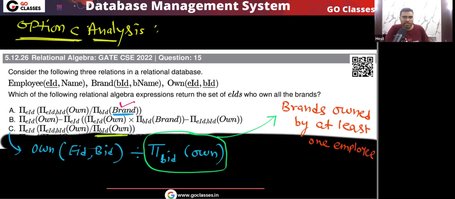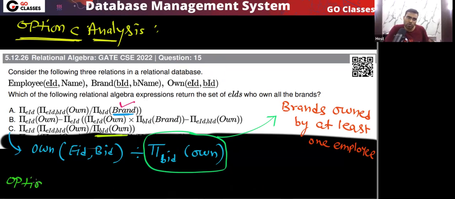You are not selecting all brands. You are selecting brands which are owned by at least one employee, because you are selecting the BID from the on table. Okay, so now if you do this, then option C, what will this give you?